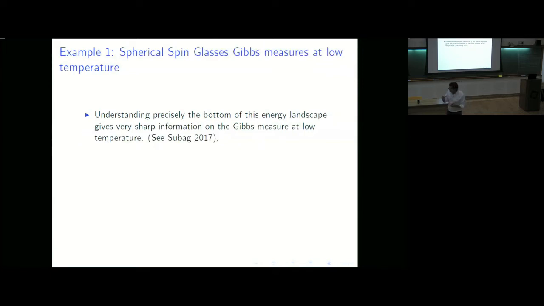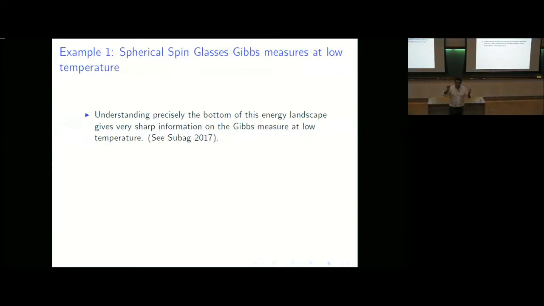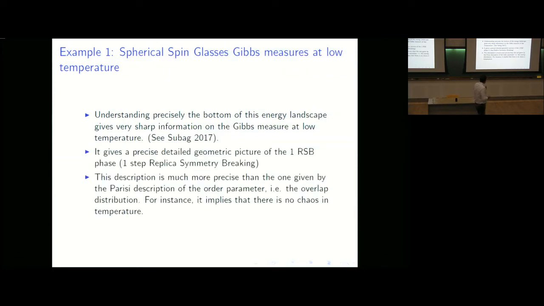It really tells you that the Gibbs measure is concentrated on random circles on the n-dimensional spheres, a finite number of them. It gives a very precise geometric picture of the one RSB.